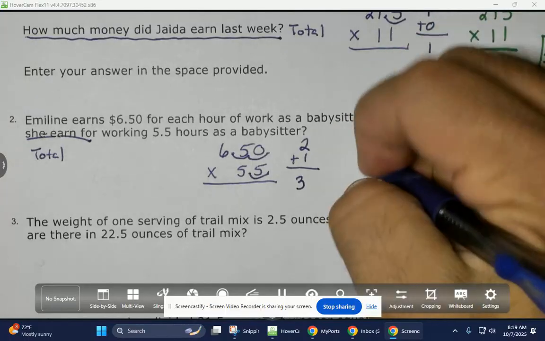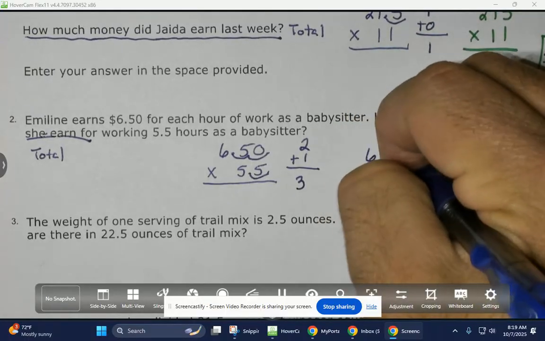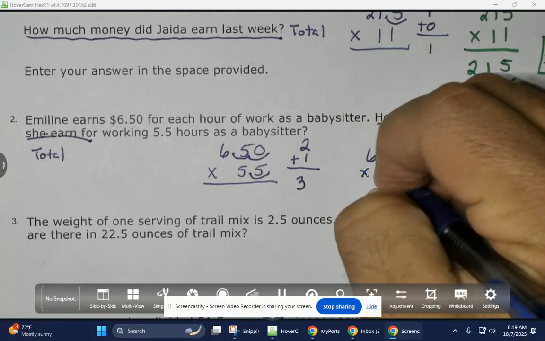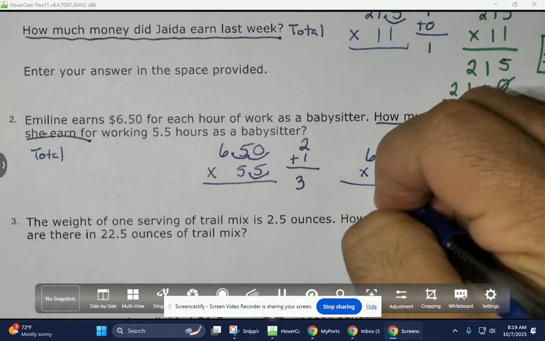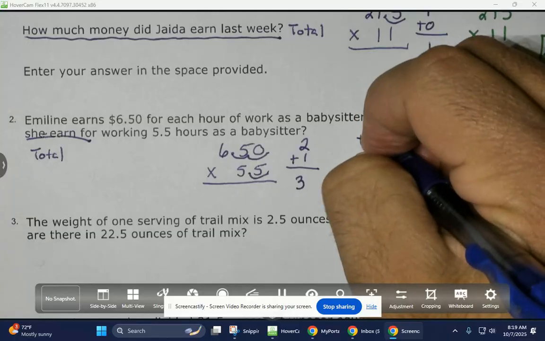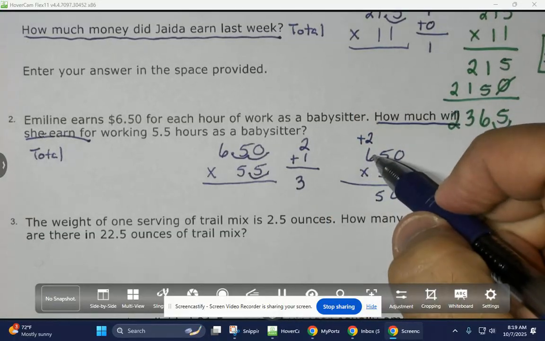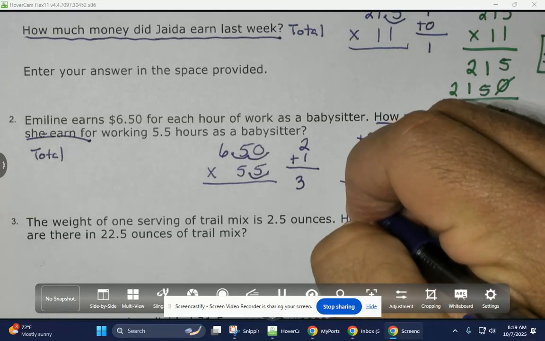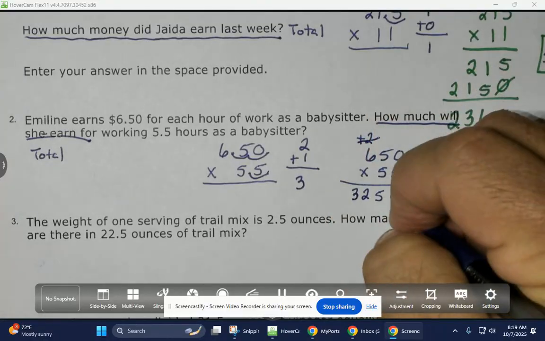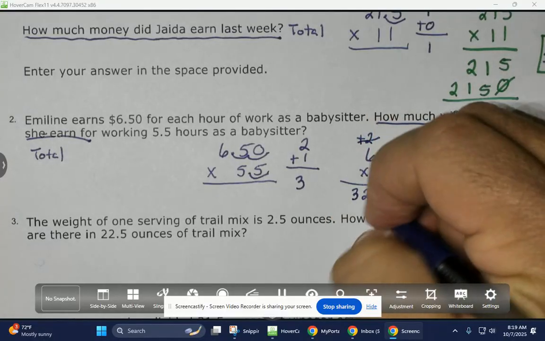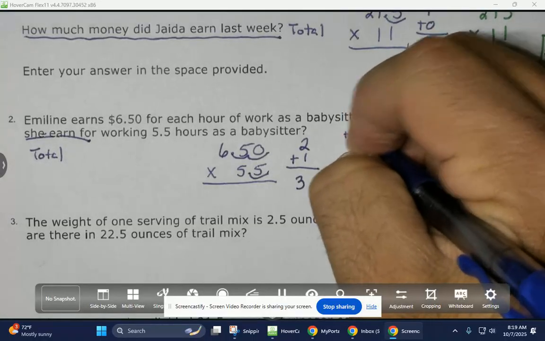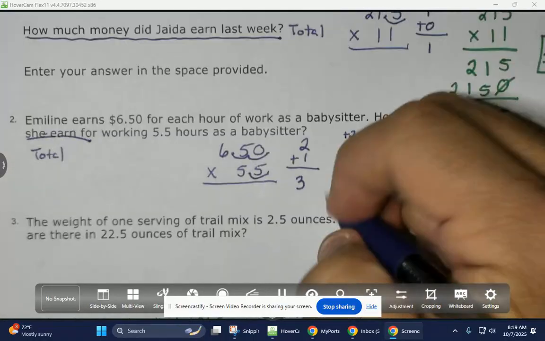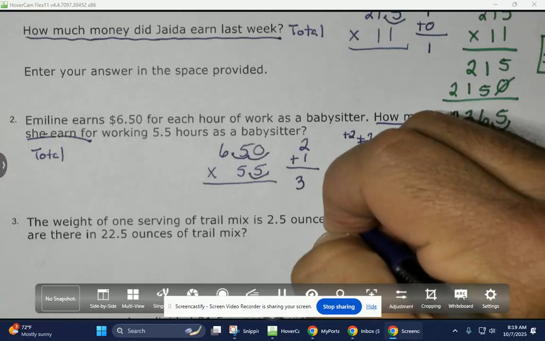All right, let's multiply our whole numbers. 650 times 55. 5 times 0. 5 times 5 is 25. 5 times 6 is 30, plus 2 is 32. Second row is your 0. 5 times 0. 5 times 5 is 25. 5 times 6 is 30, plus 2 is 32.